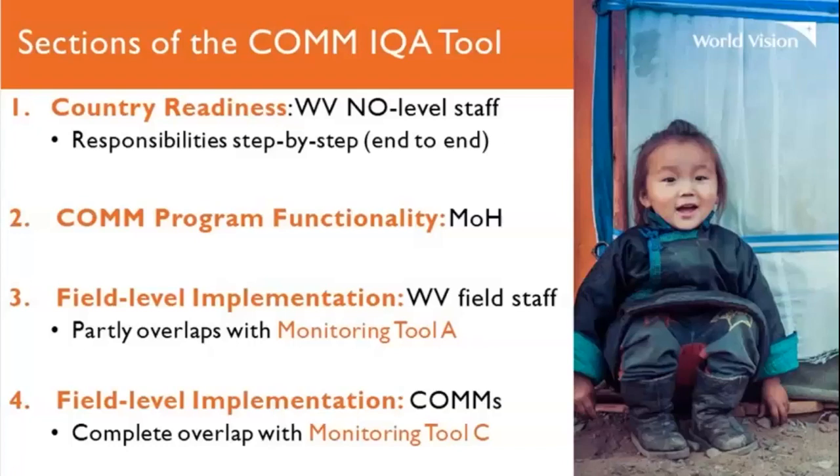But nevertheless, it's important to keep in mind that distinction between what we can try to really keep control over by using an IQA tool to track and feed back to our staff on, versus what we can supervise through a checklist.